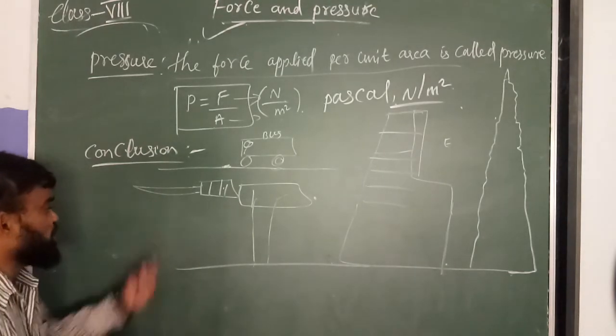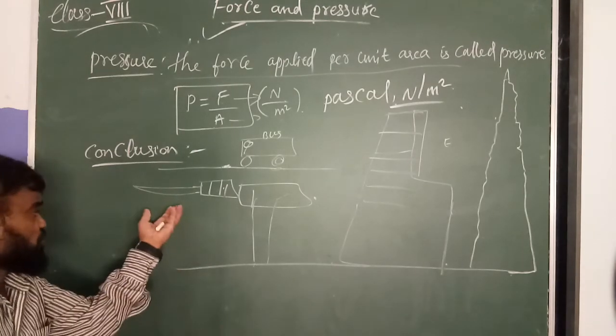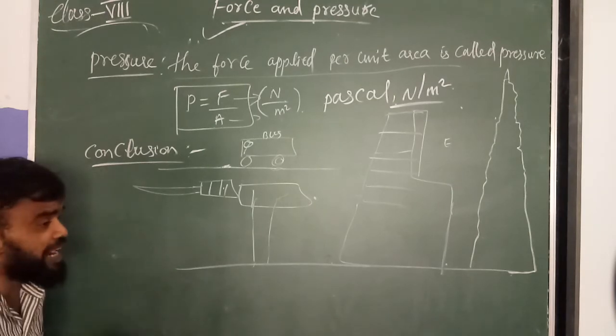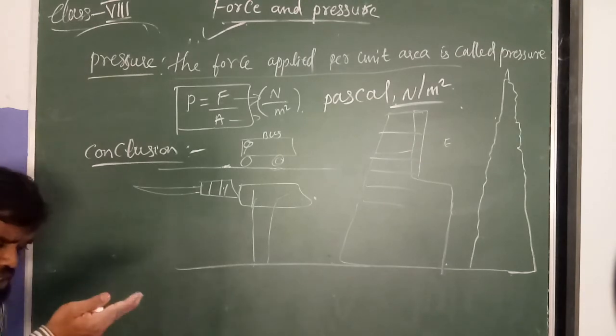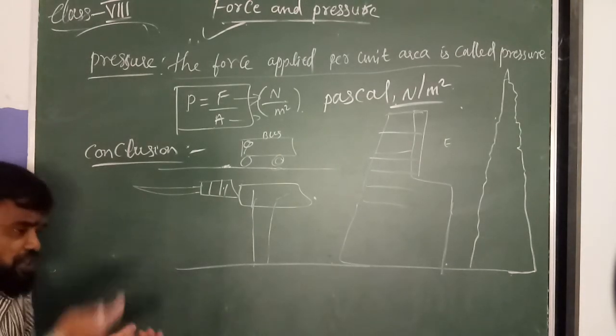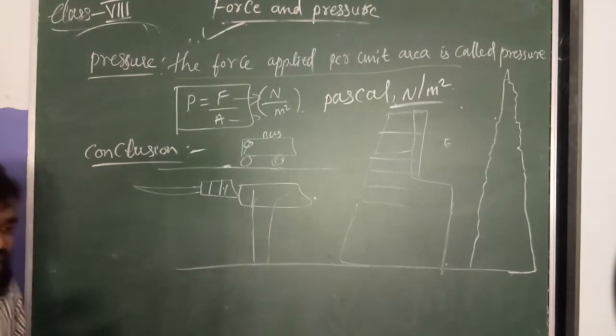Any object, such as vegetables, we can keep and cut easily because it covers a small area. The knife's edge is very pointed because it covers less area and suddenly it will go inside and poke it.